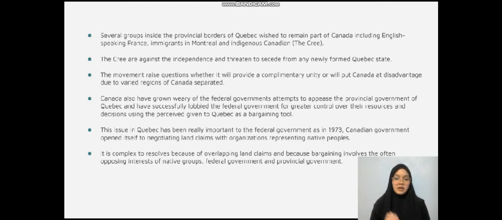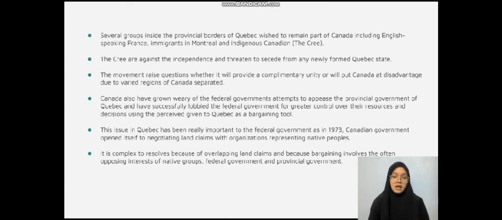Plus, the largest area, Nunavut, which is also known as Land of the People in the Inuit language, became a new territory with its own elected government in 1999, although it will remain subject to federal control. Other agreements were reached in northern Quebec and with the Inuvialuit people in the northwest Arctic.